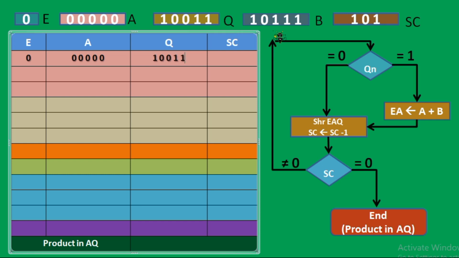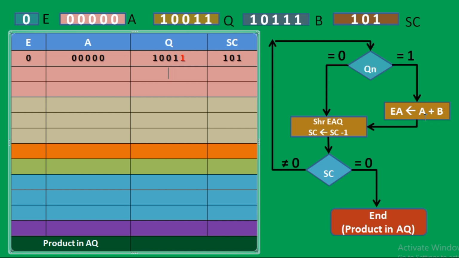What is the sequence counter? 101. Now, check the QN value. What is QN? The rightmost bit. Here QN is 1. So what is the operation here? EA is A plus B.